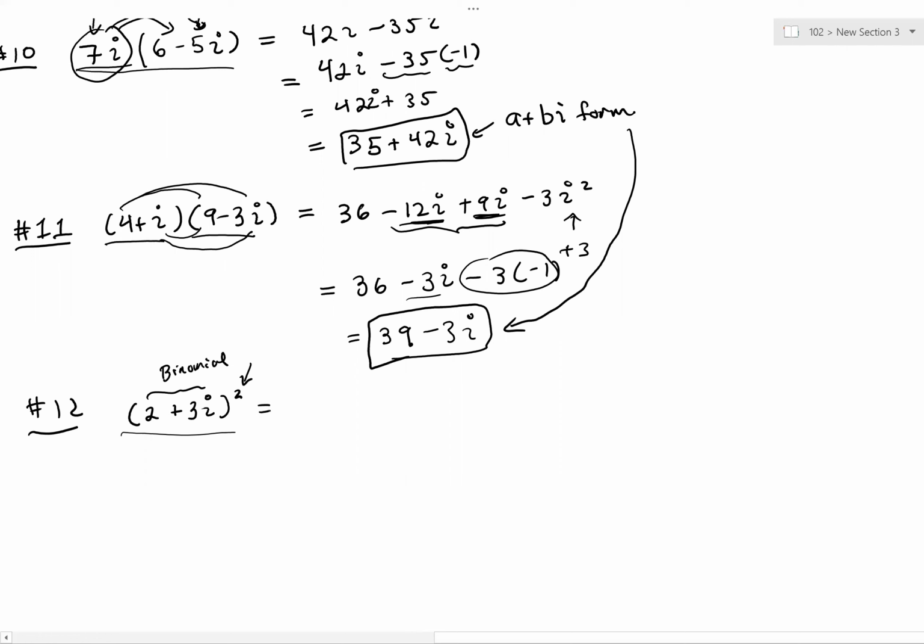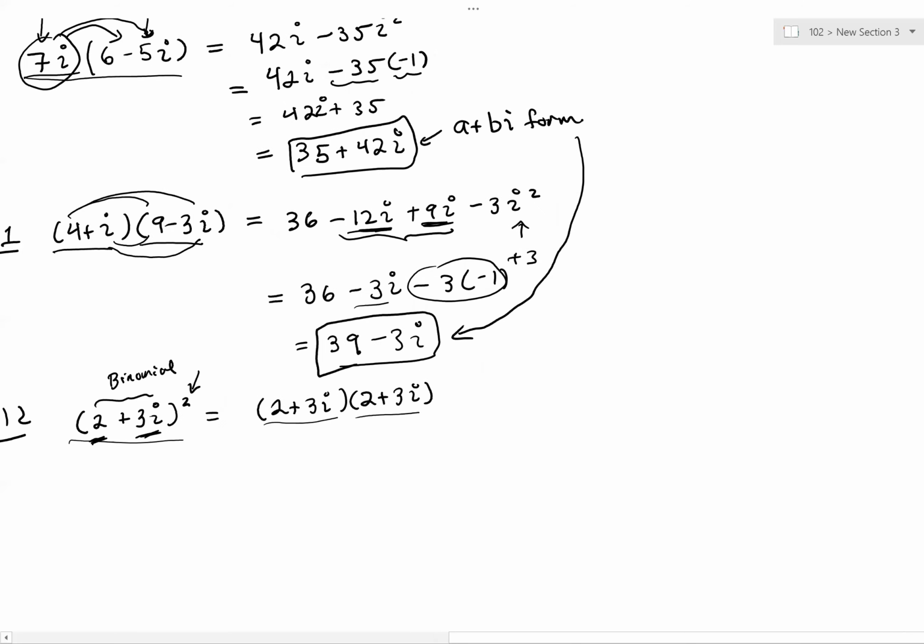So the first thing I'm going to do is rewrite this as 2 plus 3i times 2 plus 3i. You cannot, and I repeat, you cannot square the terms separately and think that that's the final answer. You have to multiply that binomial by itself.